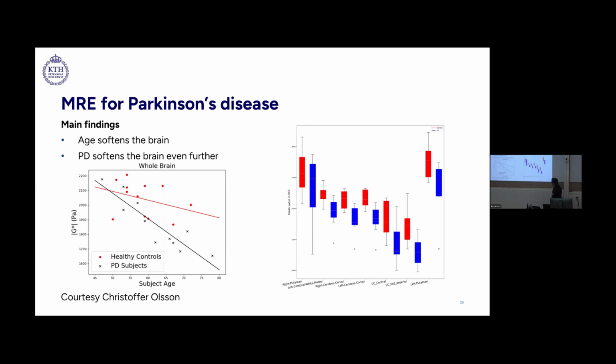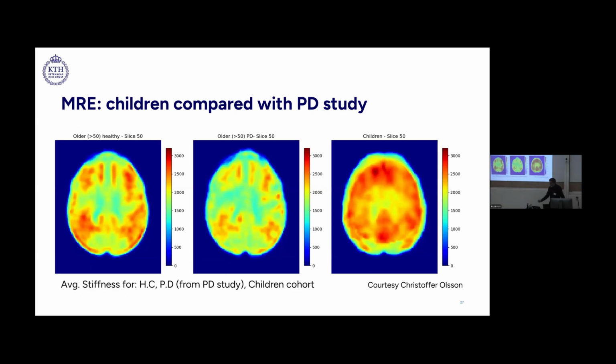And then with Parkinson's it softens even further. Actually, this was shown in previous papers, but it was nice to see that in our scanner as well. And then you see that it is also consistent in different regions of the brain that are relevant for Parkinson's. And then you can see here the difference between children and these Parkinson's. So this is the average stiffness for, let's say, old people.